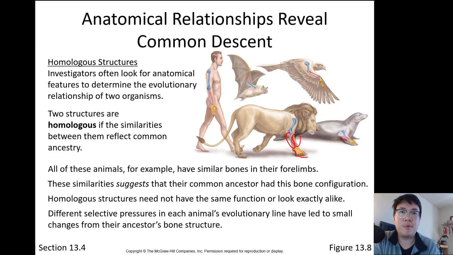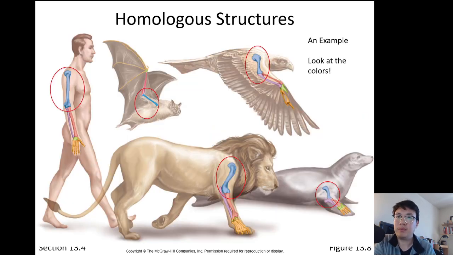Same thing with the seal, brachialis, radial bone, and then I forgot what this one is called. Even a bat has a very similar structure right here, the radial bone, and on the back of that is a brachialis, with the same arrangement. So it's theorized that we all come from a common ancestor. Long story short. Okay, there you go. So we circled it right here.